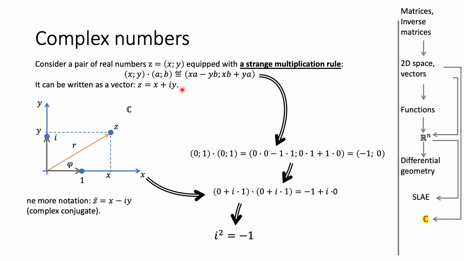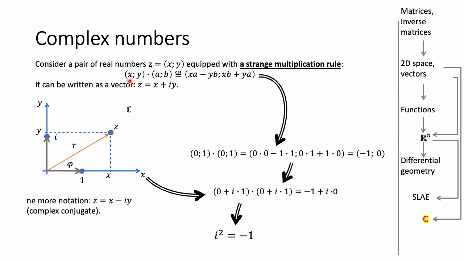If you multiply the complex number (0, 1) by itself, then the result, just according to this definition of the multiplication, is going to be the number (-1, 0).